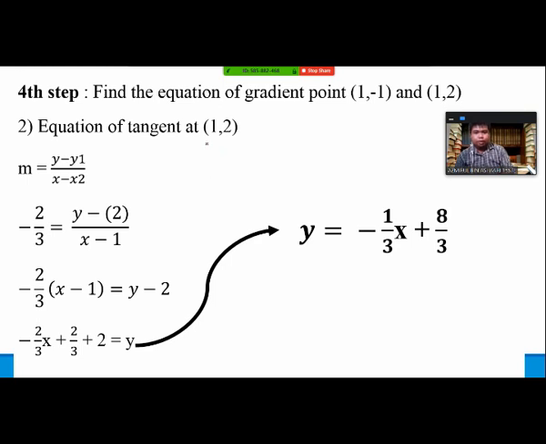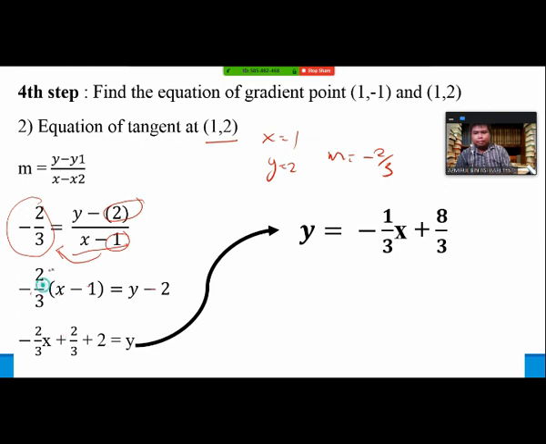for the second point, which is 1, 2. For this case, you already know that x equal to 1, y equal to 2, and the m is equal to negative 2 over 3. So just substitute m, y, and x. Okay, and after that, I move this one from the right side to the left side, it becomes x minus 1 multiplied with 2 over 3, and this one y minus 2.